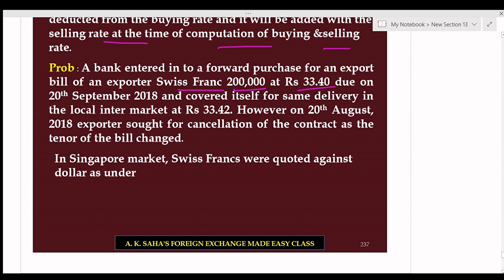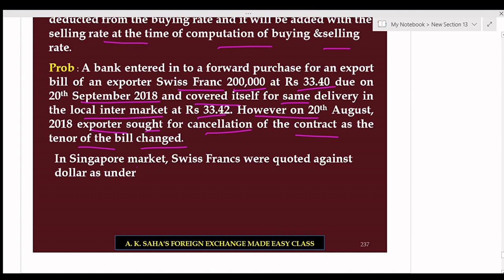This is due on 20th September 2018, and the bank covered itself for the same delivery in the local interbank market at rupees 33.42. However, on 20th August 2018, that is 1 month back, the exporter sought cancellation of the contract as the tenor of the bill changed.